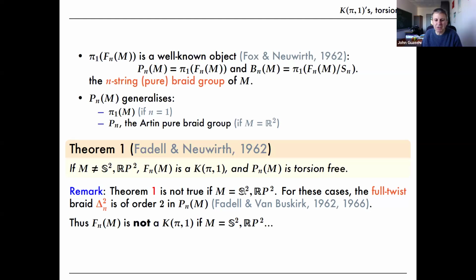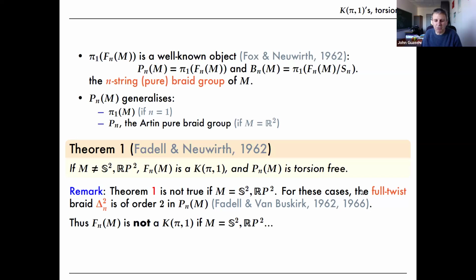If M is different from these two surfaces, the embedding of a disk into the surface induces an injective homomorphism of the Artin braid groups into the surface braid groups.